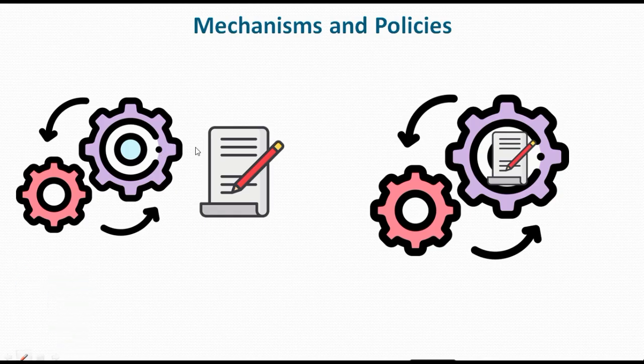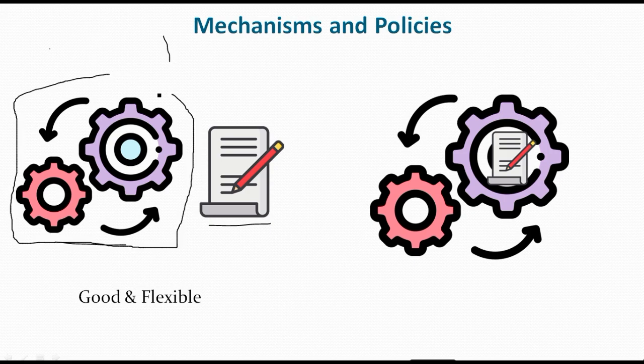This is the policy that we have, and this is the mechanism. What we are saying is that the separation of policy and mechanism is important for flexibility.